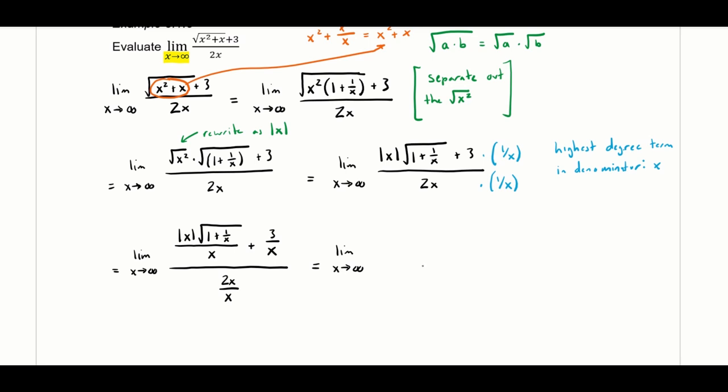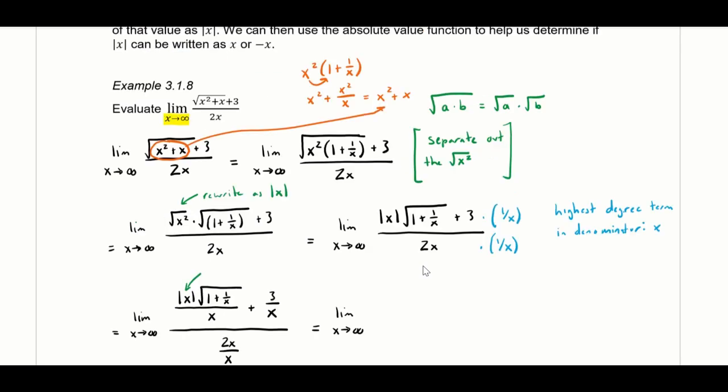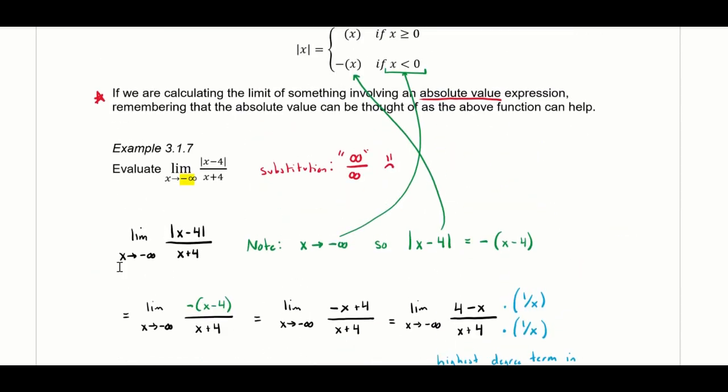Now, I'm going to, again, take a look at this. This is my absolute value function. How did we deal with this in the previous example? Well, we looked at the limit value, and then we got rid of the absolute value expression by looking at the piecewise function.